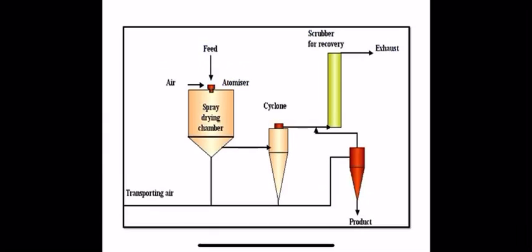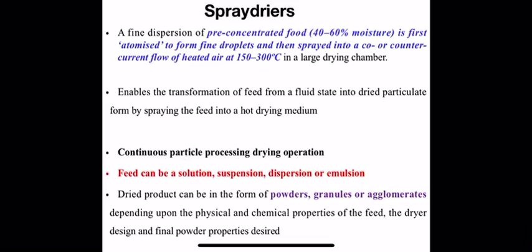In the case of co-current direction, there is a little less efficiency as compared to counter-current. And it enables the transformation of feed from a fluid state into dried particulate form by spraying the feed into a hot drying medium.